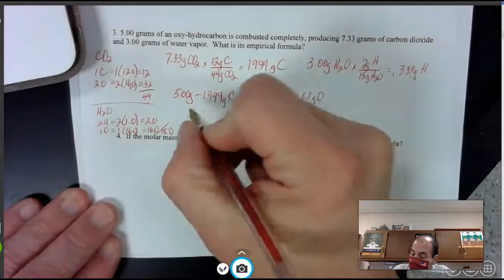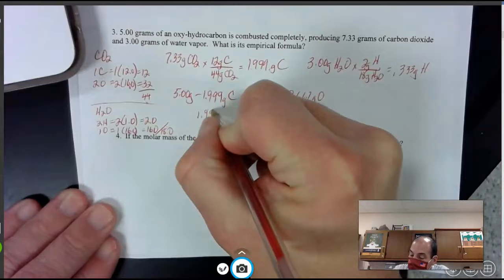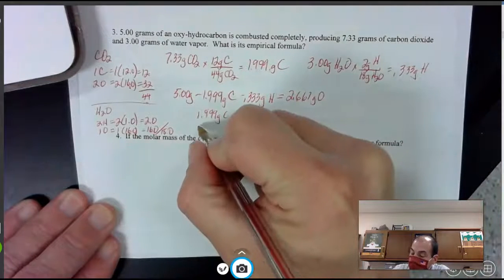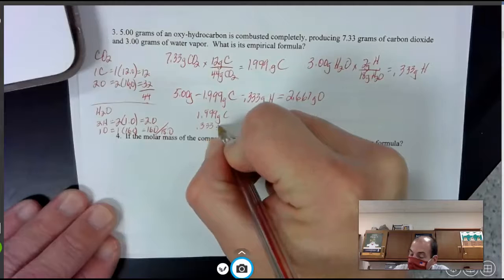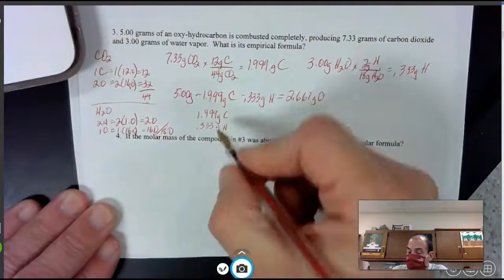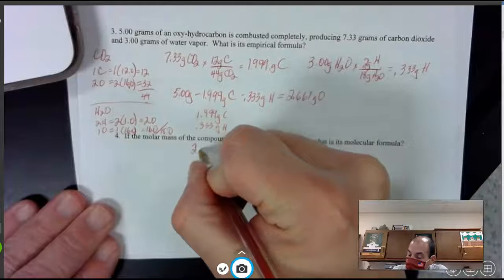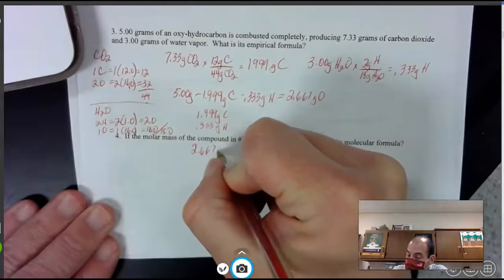All right, so now when we're doing empirical formula, I really wish I had a little bit more space here, but we'll manage. We take the masses of each, so 1.99 grams of carbon, 0.333 grams of hydrogen, and I'm going to bump my work down just below the line here to the 2.667 grams of oxygen.